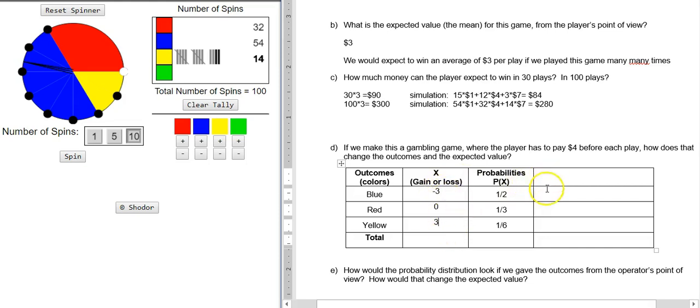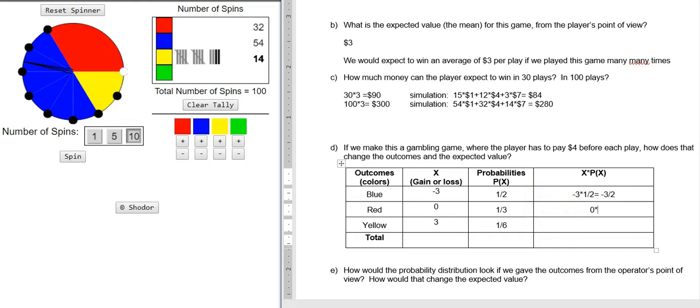Now if I want to figure out my expected value, I'm going to take each of these and multiply them together. Now I have to be careful here because if I have a negative value over here, I have to make sure and include that when I do this. So this is going to be -3 times 1/2, which is going to give me a -3/2.